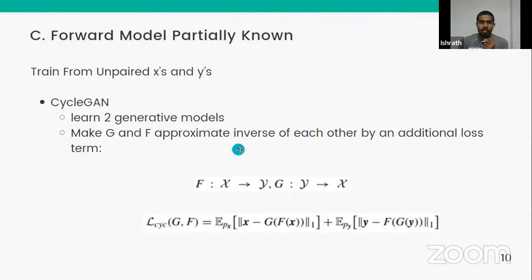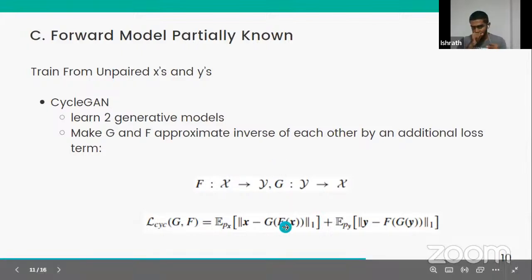What is meant by this inverse is, we have a ground truth image x, we put it into the generative model f and end up with the corresponding y, and then we apply the generative model g, and ultimately we have to end up with x.